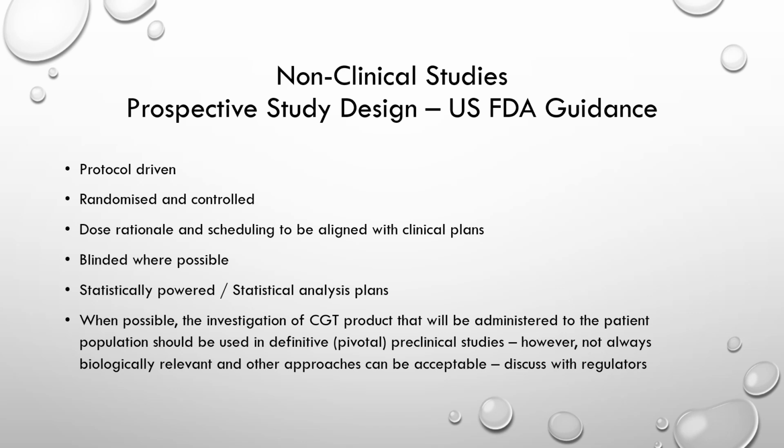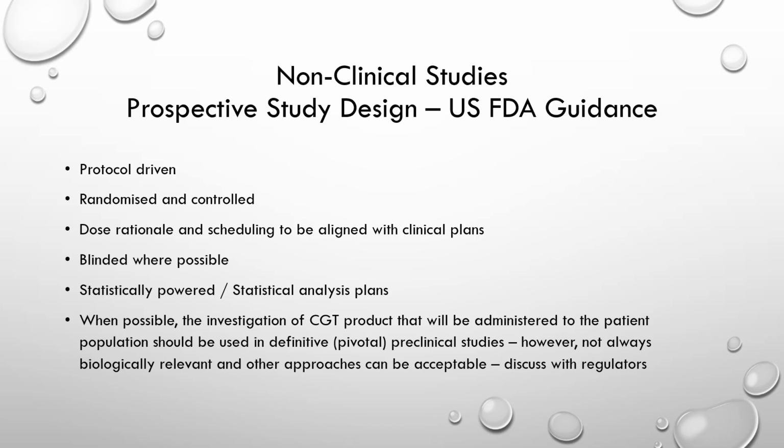Your ethical considerations are important as well. I haven't put that here, but if possible, the protocol requires you to consider the three R principles. Now, it does say that, when possible, the investigational cell or gene therapy product that will be administered to patients should be used in your definitive or pivotal preclinical studies.